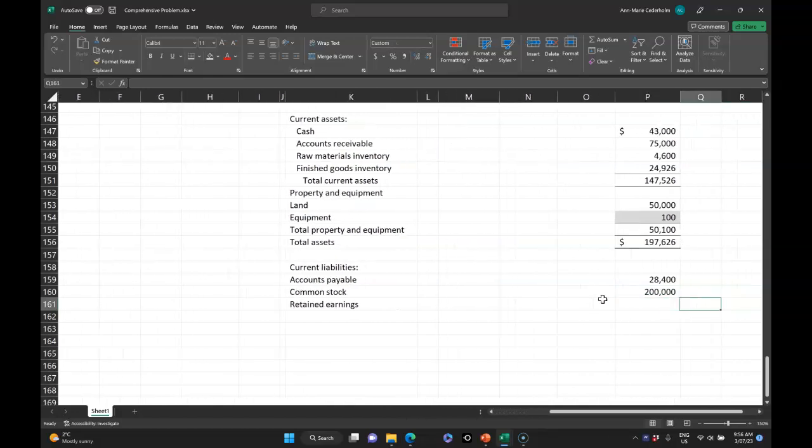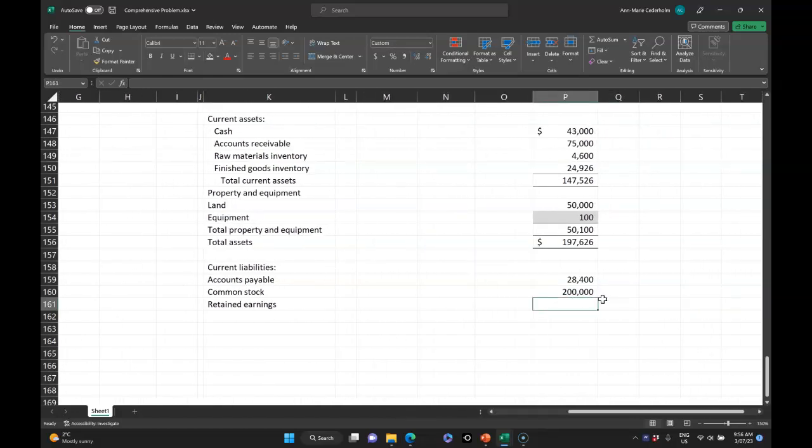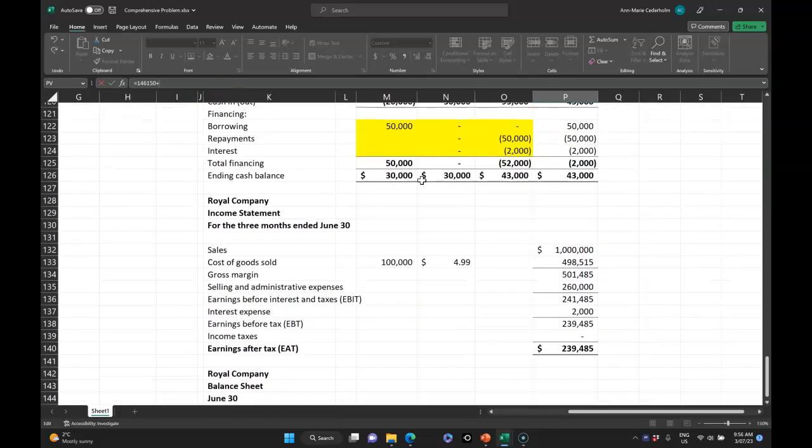So with retained earnings, just remember, you take opening retained earnings, add in your net income, and subtract your dividends, and then that will give you your ending retained earnings. So I'm going to add in my income after tax. So 239,485.